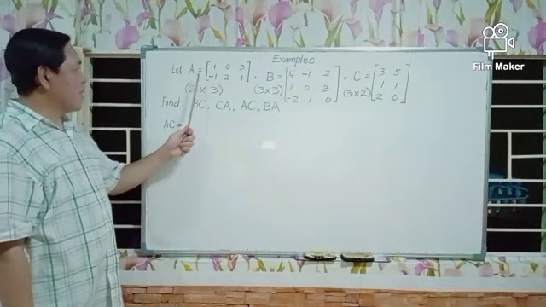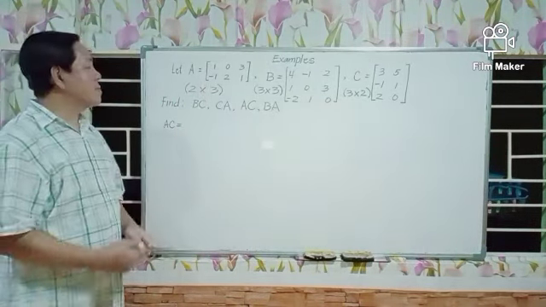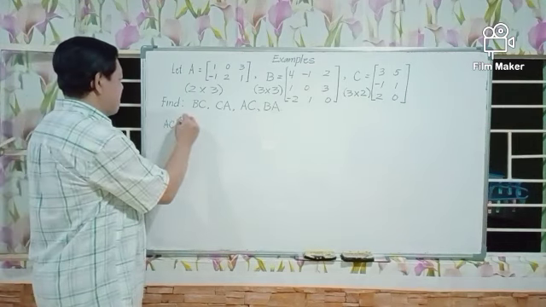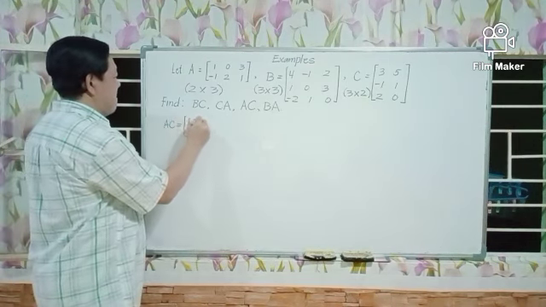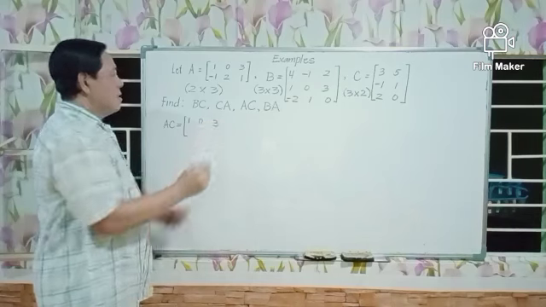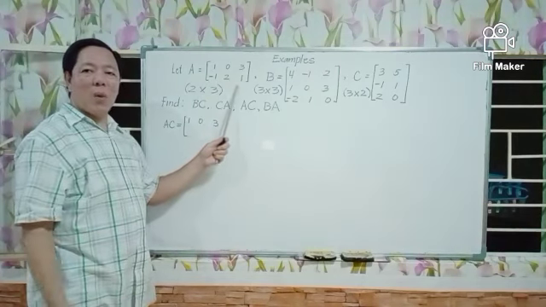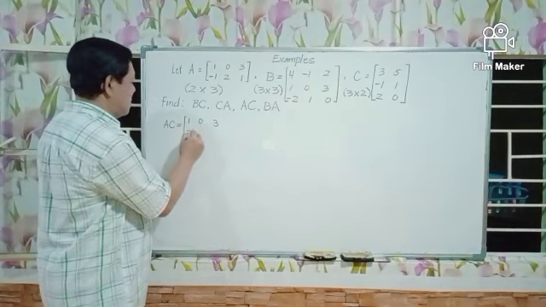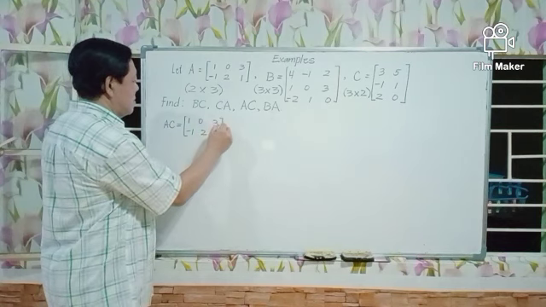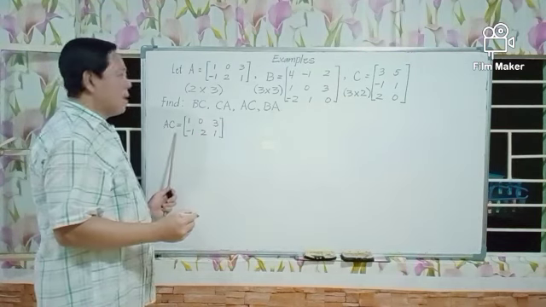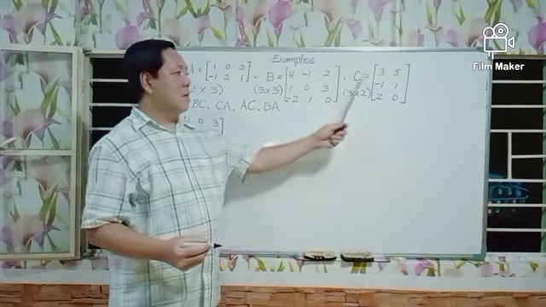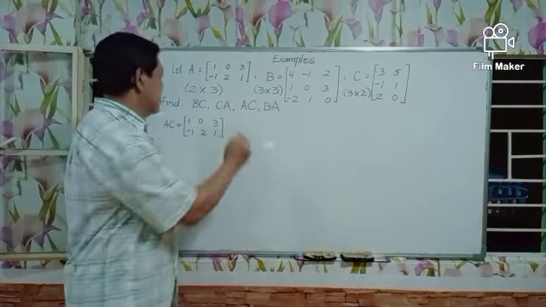Multiply A, the matrix with these entries. Second row, negative 1, 1. Multiply by matrix C with these entries.